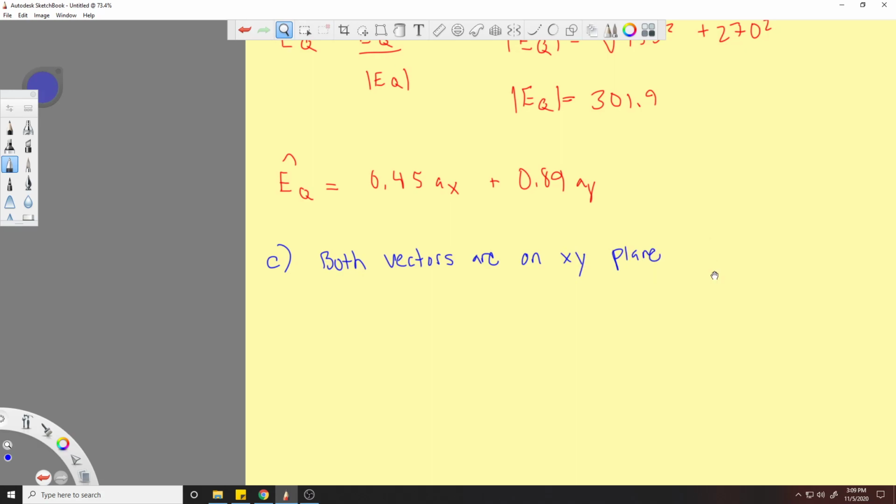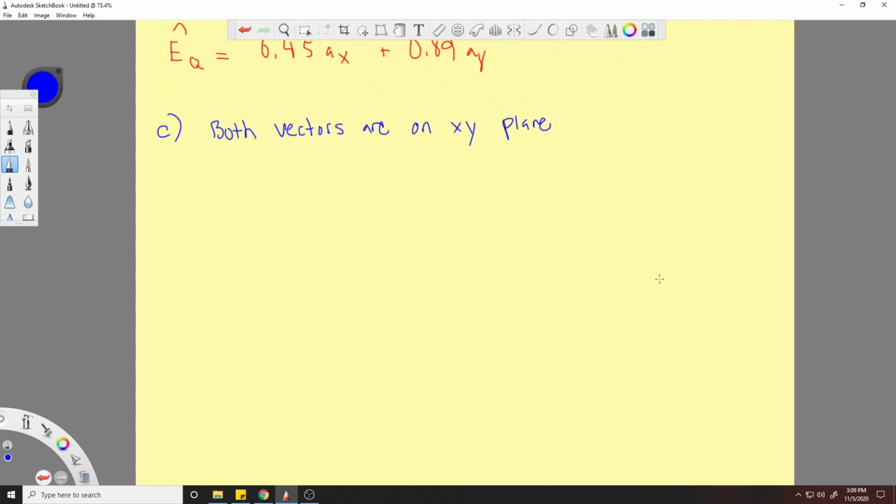And one way to find vectors on the same plane is you can find a normal vector, and then you can do a cross product of the two, and by the right-hand rule you're going to find a vector that's perpendicular. So let's say this is the xy plane. This is our EQ, right?